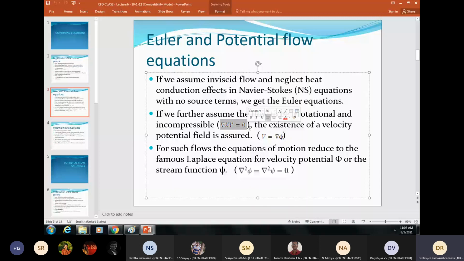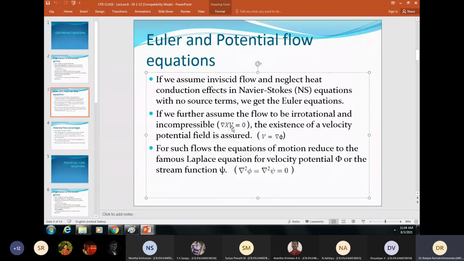Then if del cross V is 0, mathematically we are assured of the existence of a velocity potential. V is equal to del phi. V can be expressed as del phi. There exists a function like that, phi. All you need for V to be del phi is that del cross V should be 0.